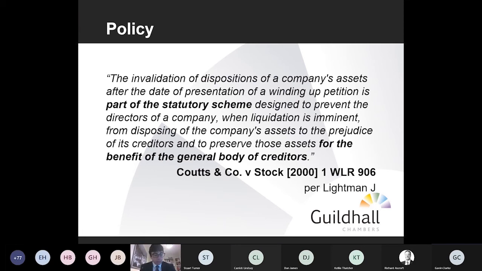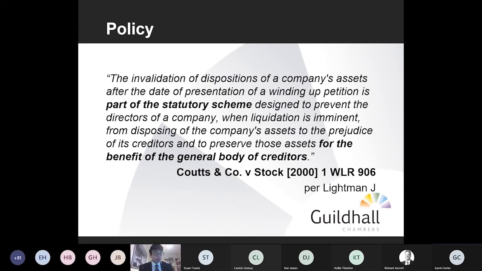Prior to the point when a winding up petition is presented, there's what we sometimes refer to as the twilight zone, where if during that period the company is insolvent and it enters into transactions which either reduce the value of its assets because it gives away more than it receives, or which prefer one creditor over the general body, then the office holder duly appointed can subsequently seek to unwind that.